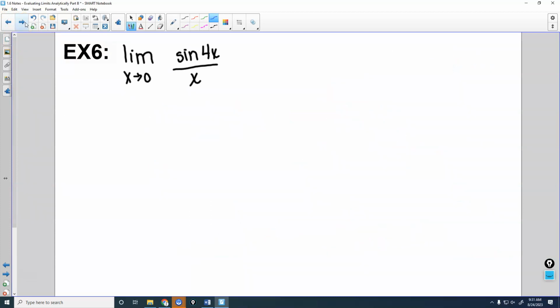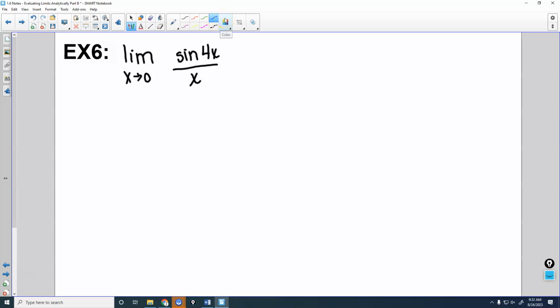All right, 6 looks a lot like 4, but it's going to be different. Mathematically, it's very different. There's a way you could kind of understand this that you're going to get the right answer every time, but it's really bad understanding.